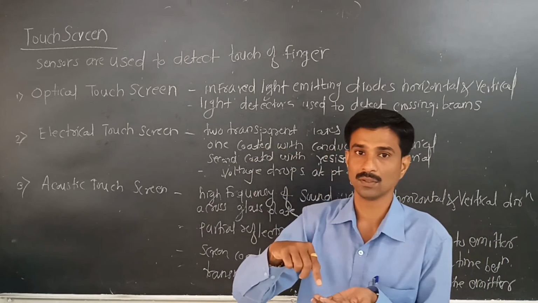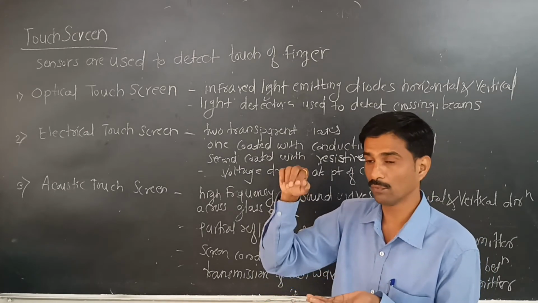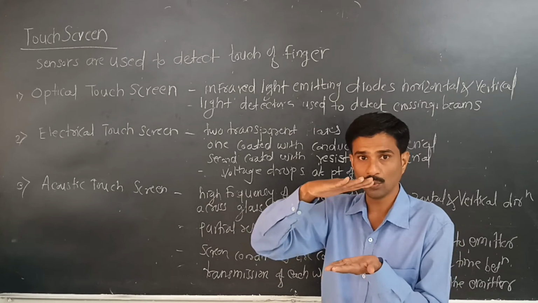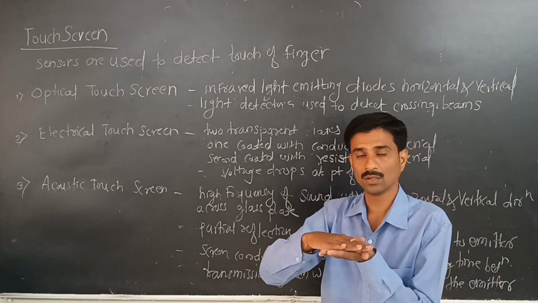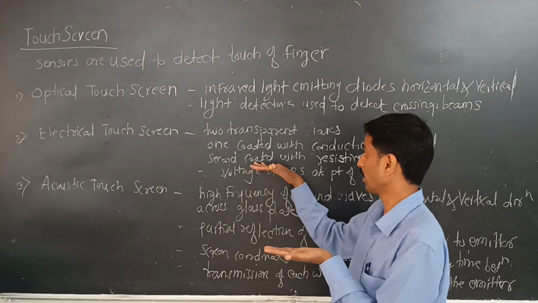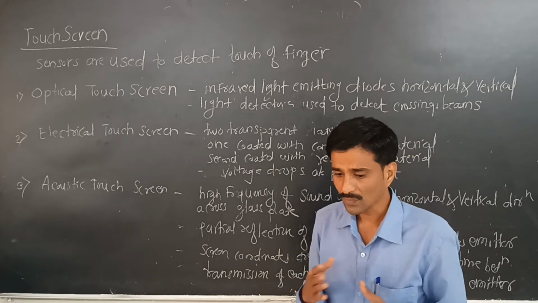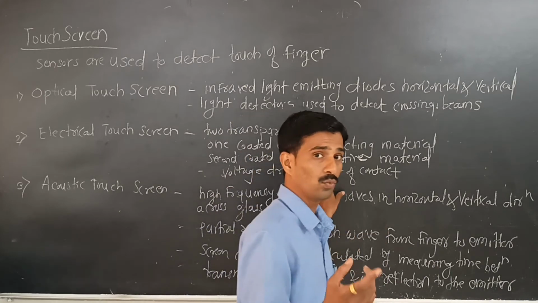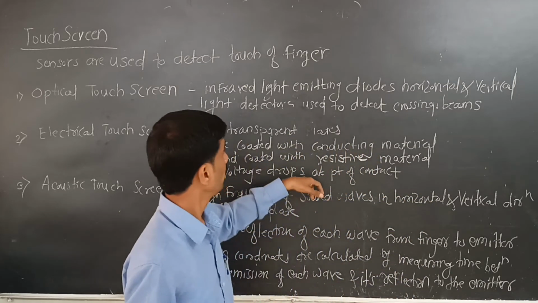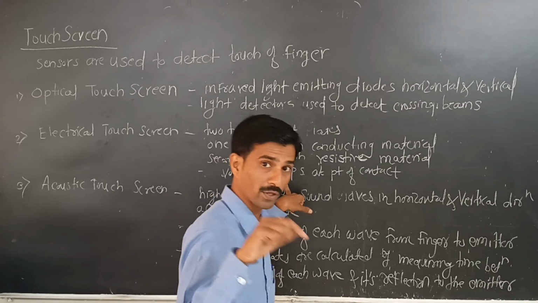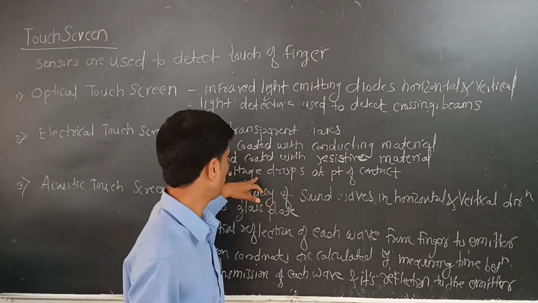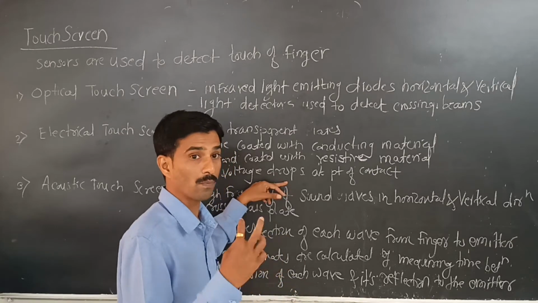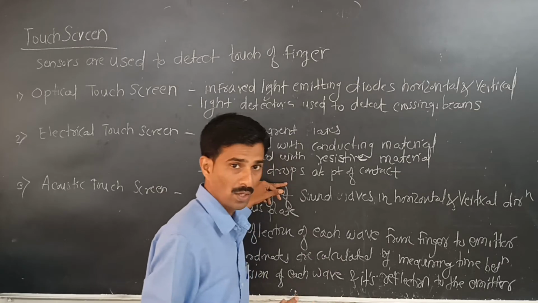When we press a particular location, at that point the voltage will be dropped, and we can observe a different voltage.